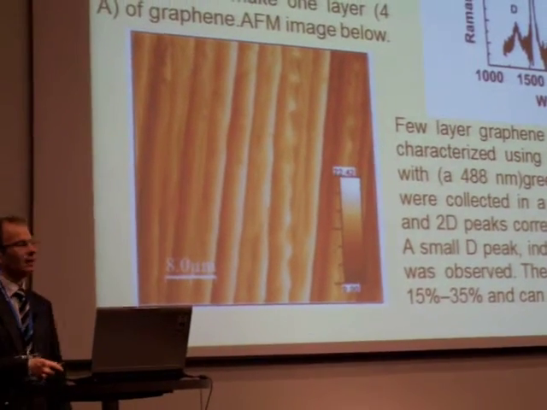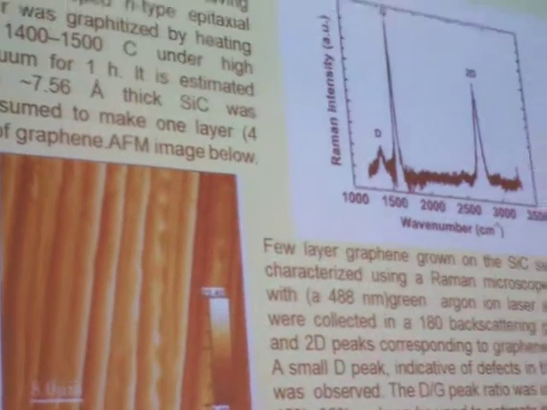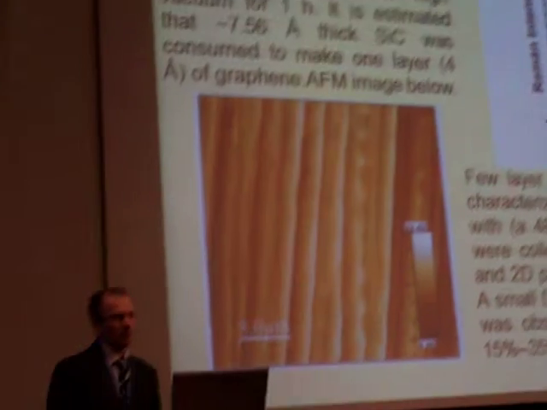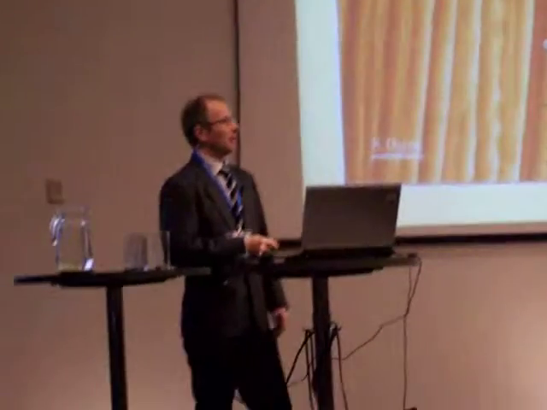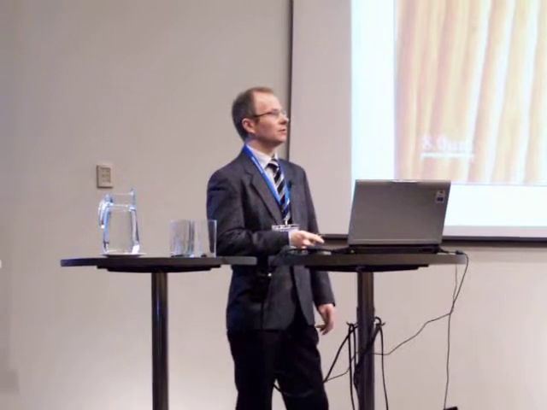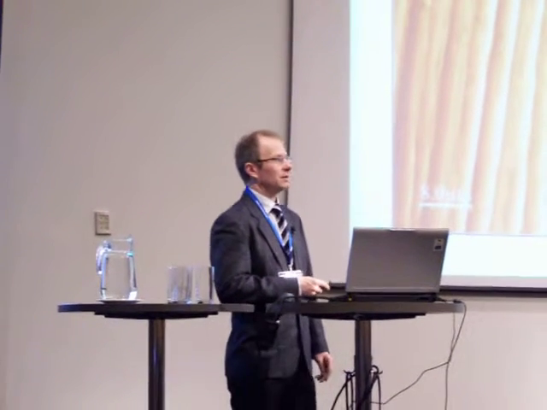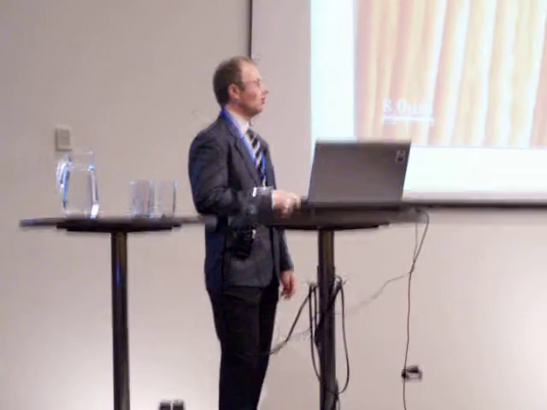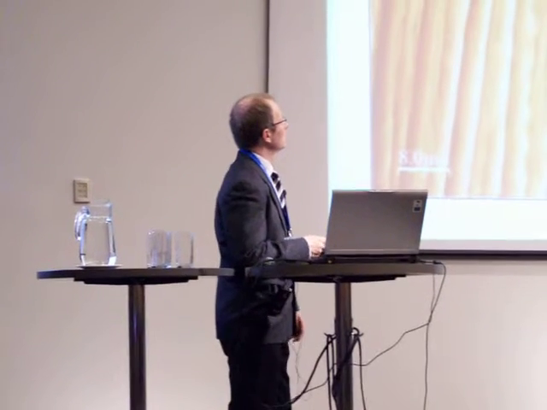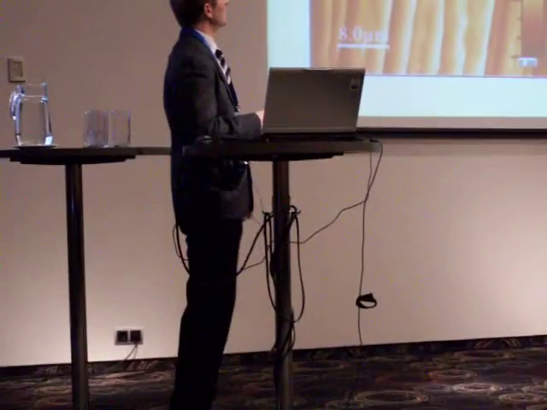Few layer graphene grown in silicon carbide was characterized with a Raman microscope equipped with an argon ion green laser, and spectra were collected in 180 backscattering geometry. 2D and G peaks corresponding to graphene were seen.